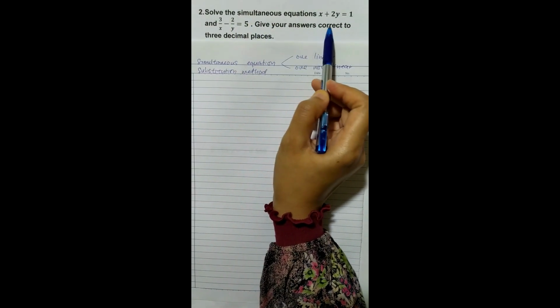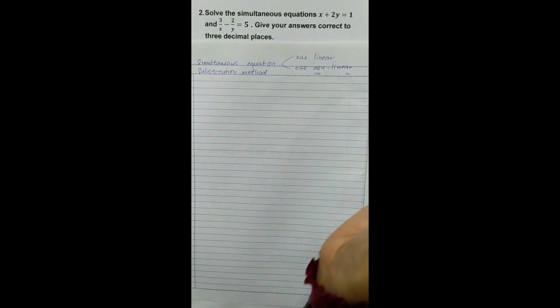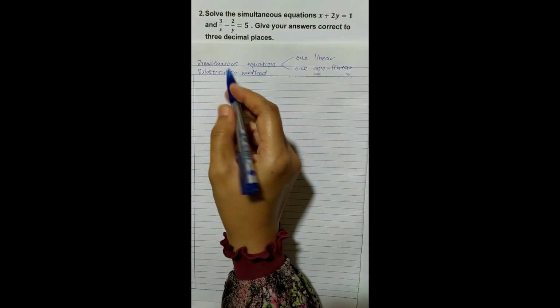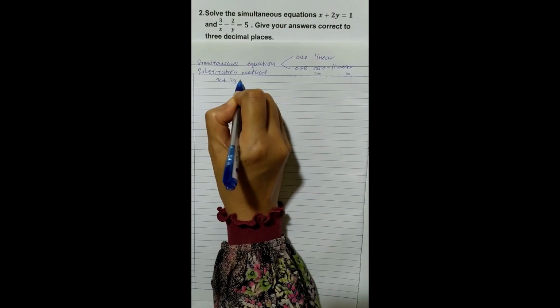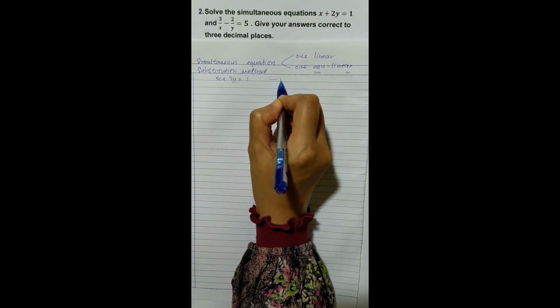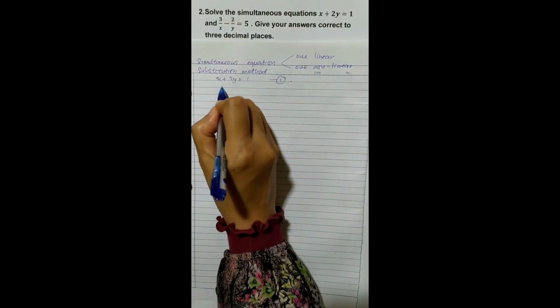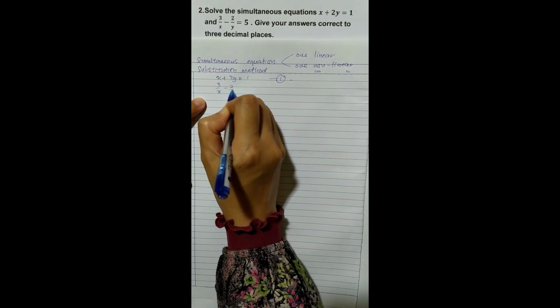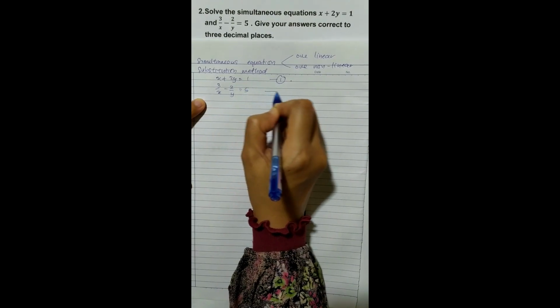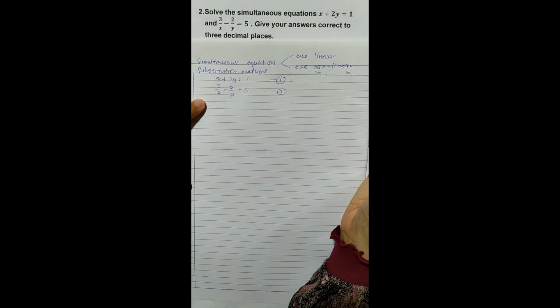Give your answer correct to 3 decimal places. So now here is the question. x plus 2y equals 1 is the linear equation, and 3 over x minus 2 over y equals 5 is nonlinear.